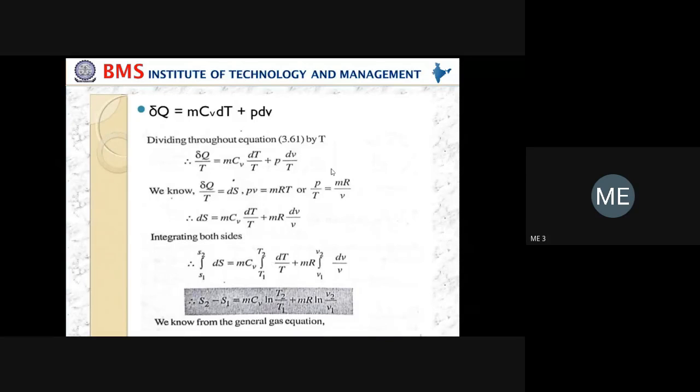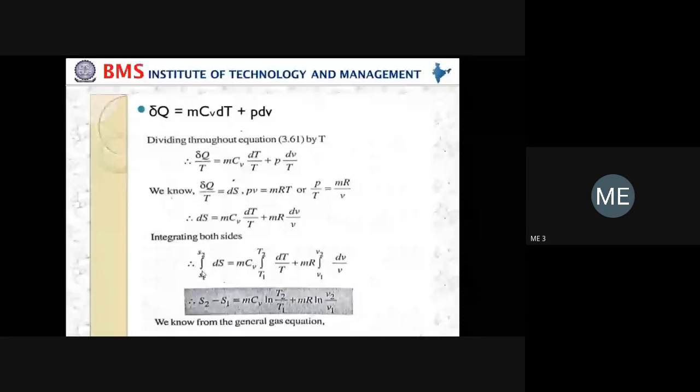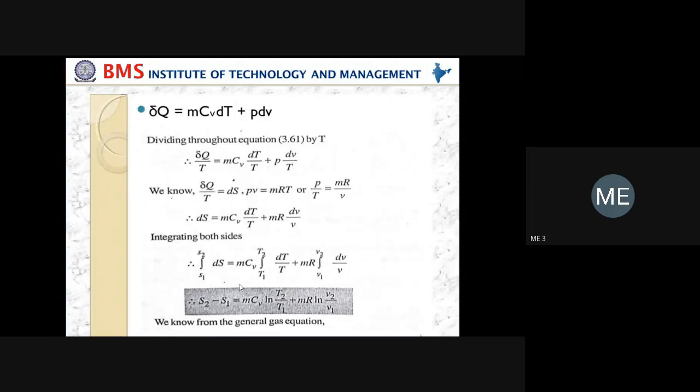After simplification we get integration of ds between the limits s1 to s2 is s2 minus s1. As I said, entropy is a thermodynamic property like other properties: pressure, volume and temperature. So m cv is a constant term, and integration of dt by t between the limits t1 to t2 is ln, the natural logarithm, t2 by t1, plus m r is a constant term and ln v2 by v1.